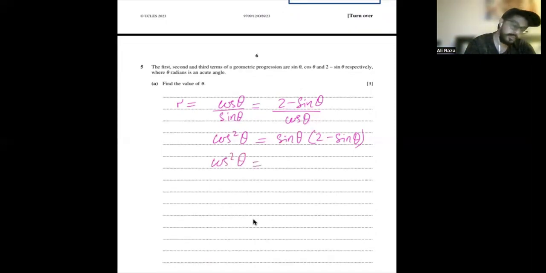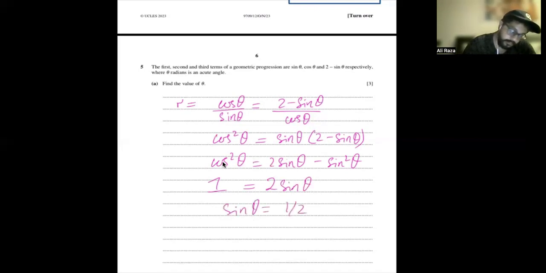Cos squared theta is equal to 2 sin theta minus sin squared theta. When I bring this minus sin squared to the left hand side, I'll get sin squared plus cos squared, which would be equal to 1. 1 is equal to 2 sin theta. Sin theta is equal to 1 over 2. Theta would be pi over 6.